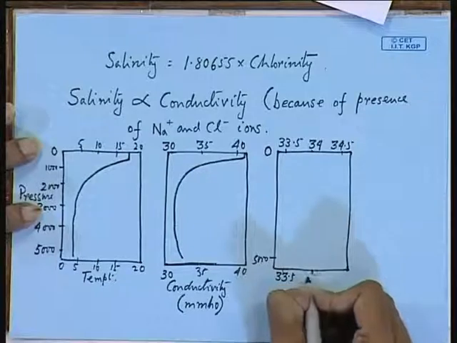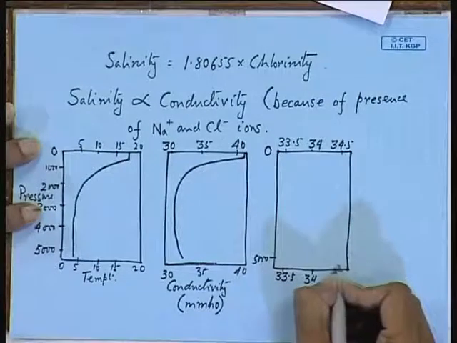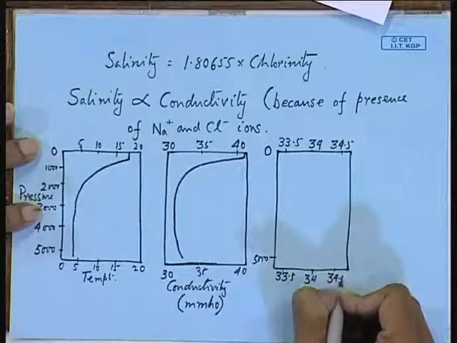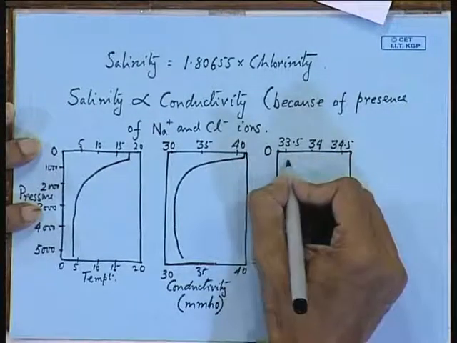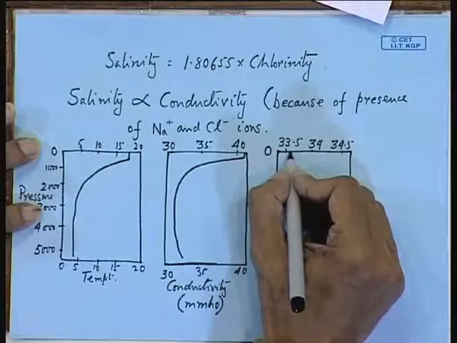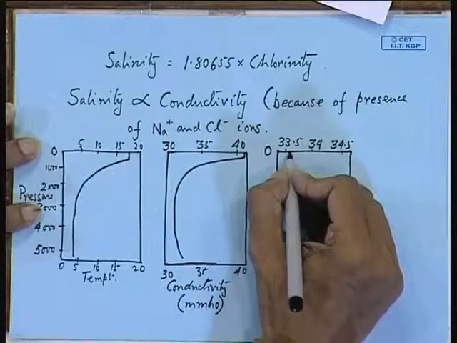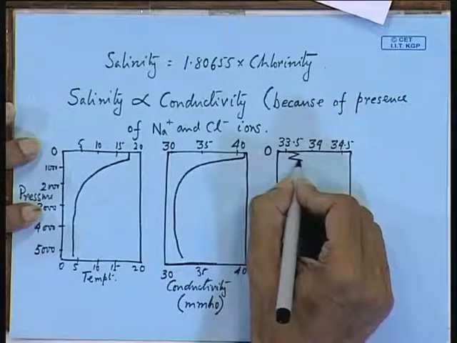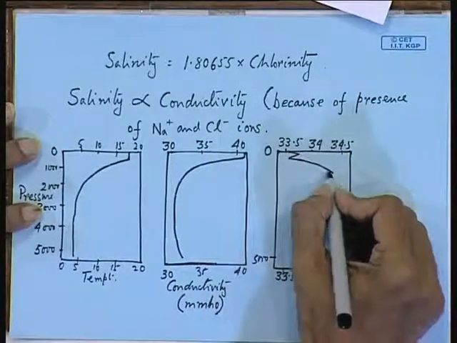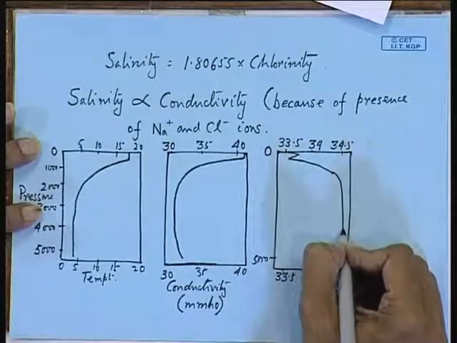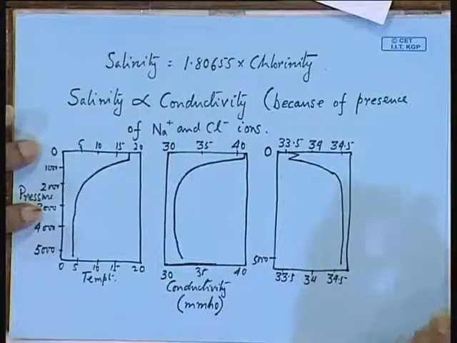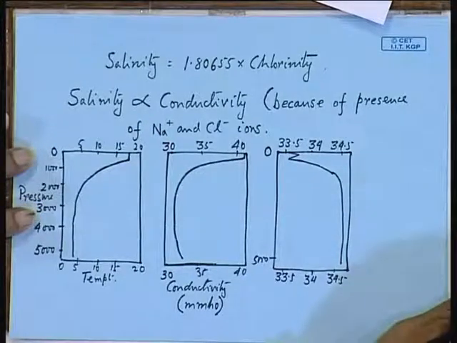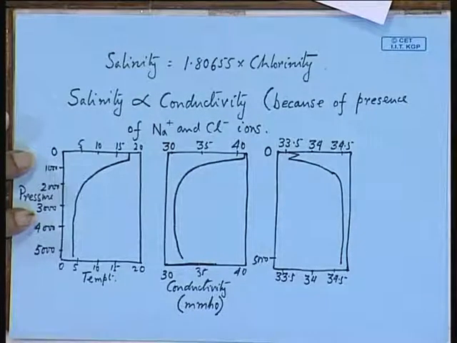So this is 34 and this is 34.5. I think this will be the reverse of the other two graphs. So this is a variation of salinity.